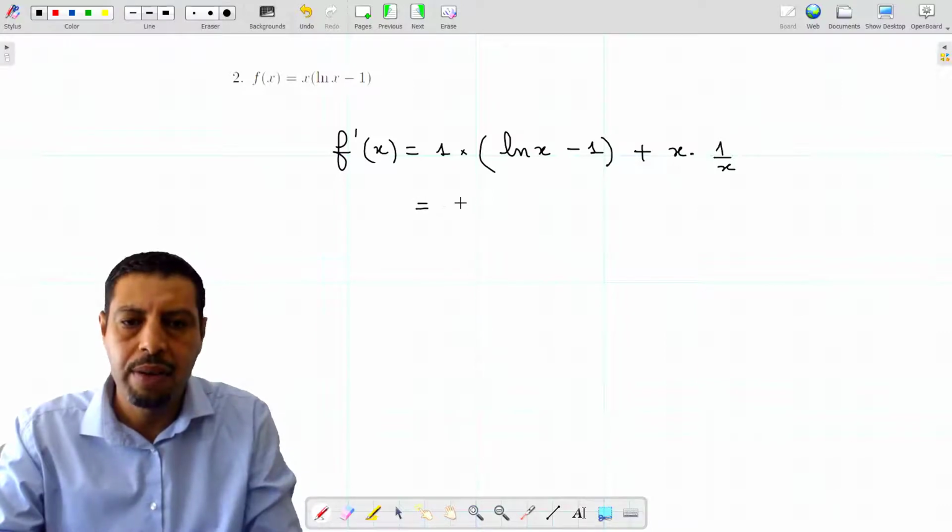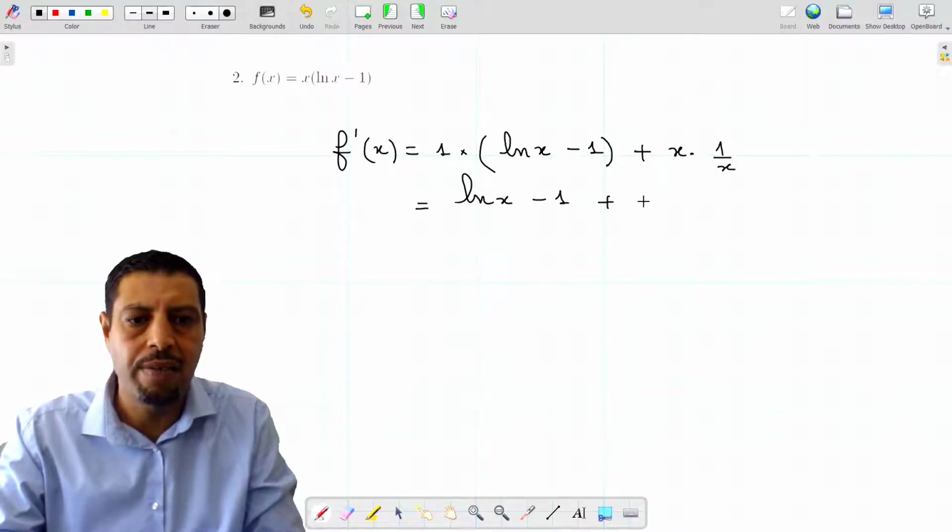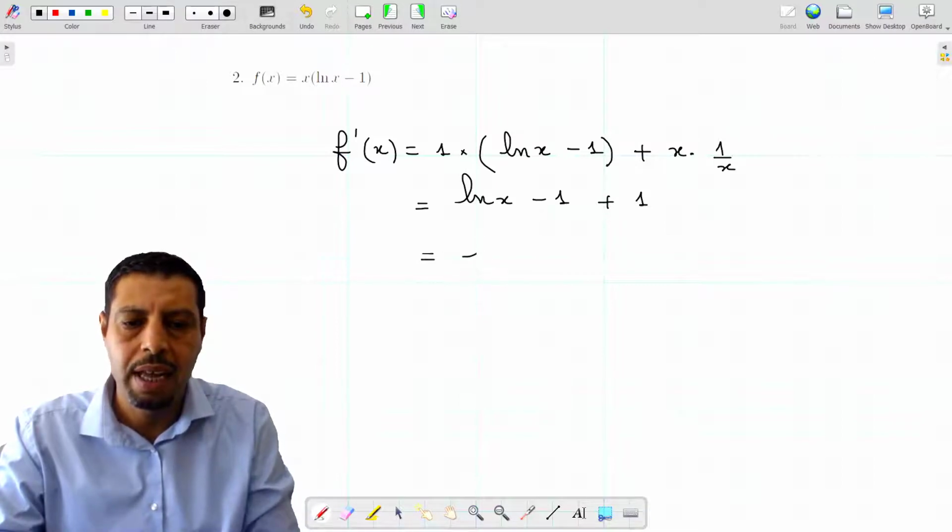So let's simplify. We're going to obtain ln of x minus 1 plus, and x times 1 over x is 1. So we can cancel the 1, and we're going to obtain ln of x. So the derivative of f of x here is ln of x.